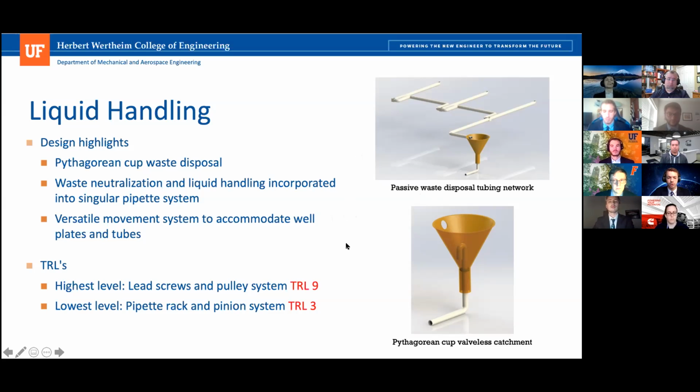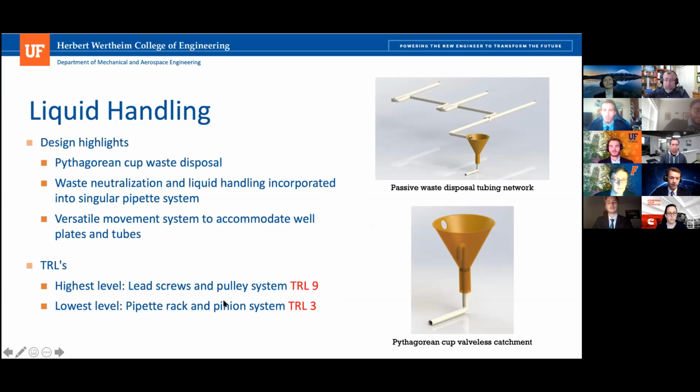The highest technology readiness level in the system would be a 9, just because the lead screws and most of the motors have all been used in real world settings and proven to operate in those situations, almost identical to what we're using now. And the lowest one, which we would default to, would be technology readiness level 3.